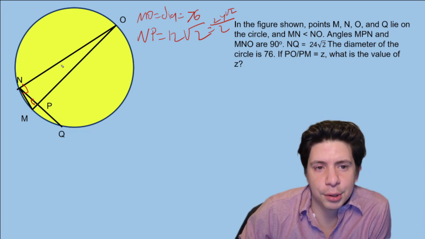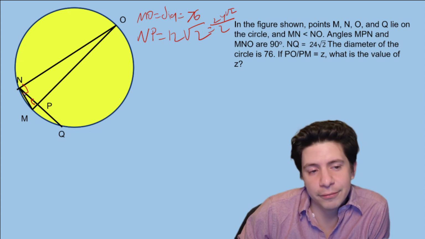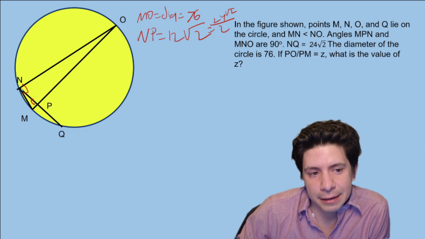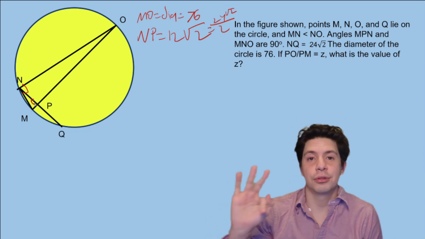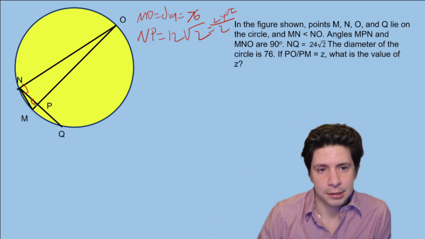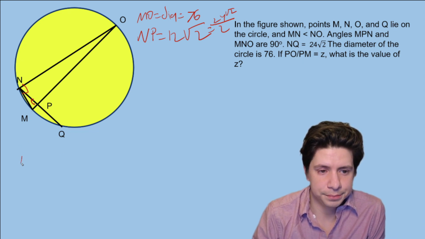Now you have to understand how this triangle works, and the way it works is by being bisected. Whenever you divide a 90 degree angle across and you make another 90 degree angle, you're making three similar triangles. So you have the big triangle, which is MNO.